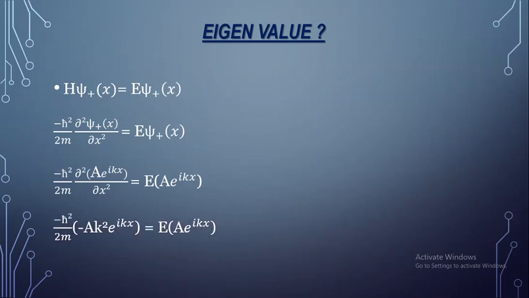So i square is nothing but minus 1: minus A k square e raised to ikx, which is equal to E into A e raised to ikx. So here A into e raised to ikx will get cancelled out. Minus minus will become plus. So we are remaining with E is equal to h cross square k square divided by 2m.